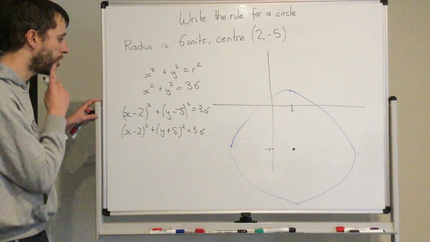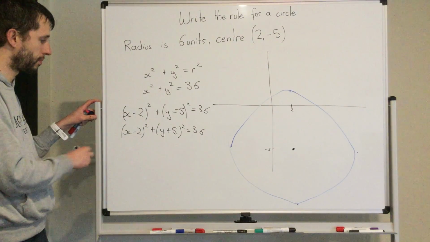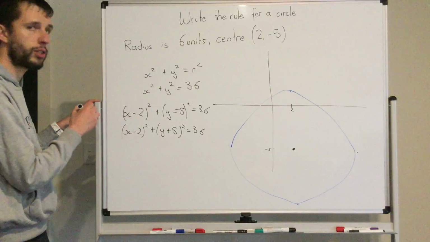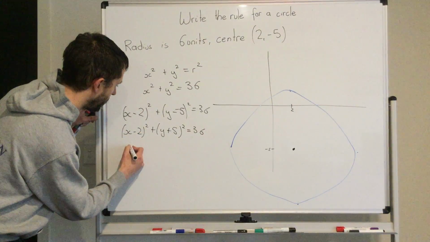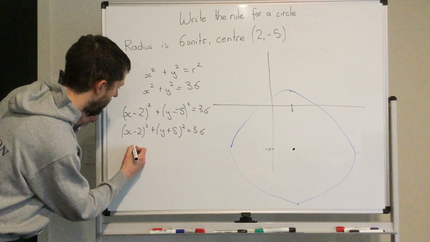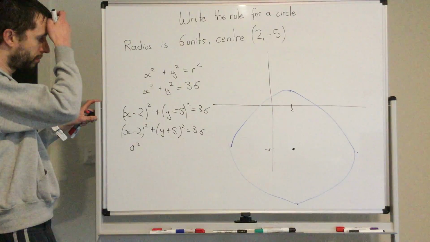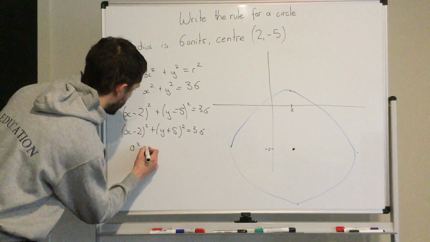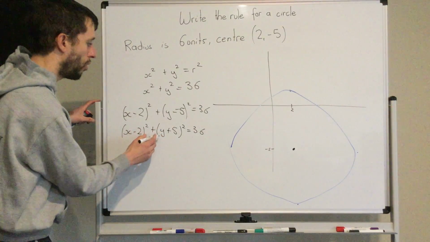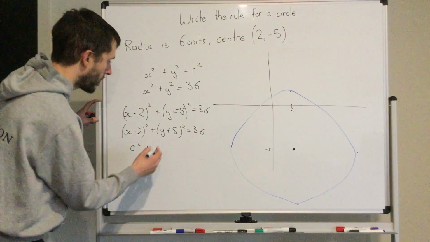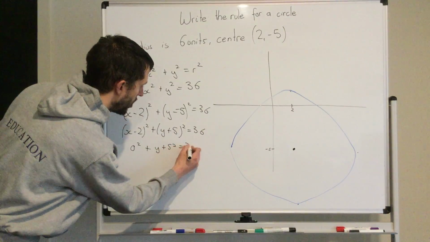If x is 2, 2 take 2 equals 0. 0 squared plus, I've got y plus 5, so y plus 5 squared equals 36.